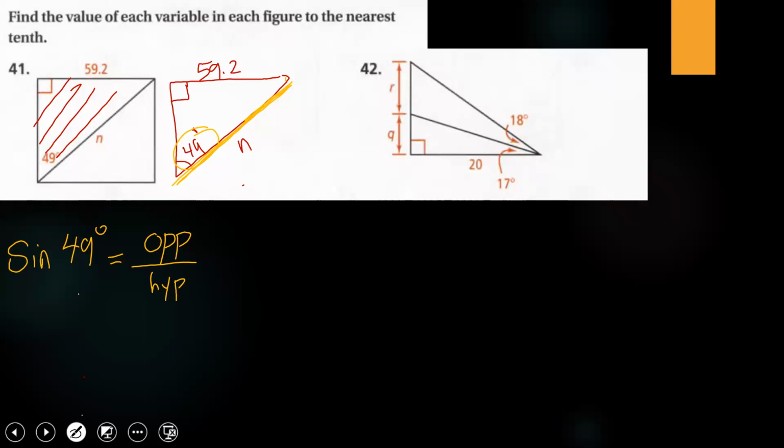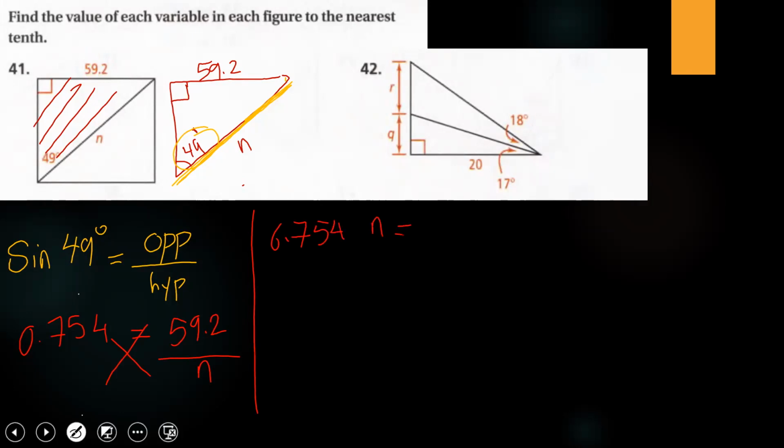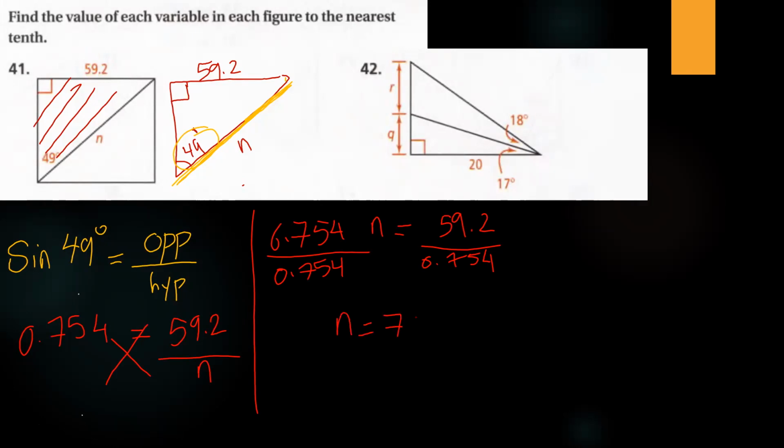Sine 49 is 0.754, which equals the opposite over the hypotenuse, and then by cross product, 0.754 times n equals 59.2. So n here is 78.5.